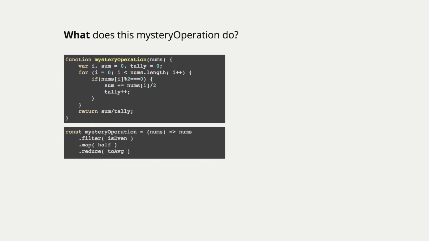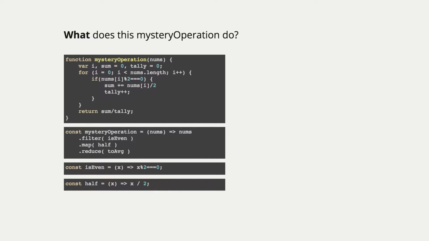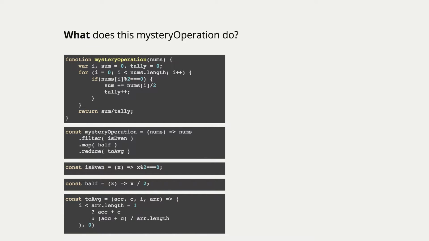We have an array of numbers. We filter it, only taking the things that are even. We map those even numbers to their halves, and then we reduce it to an average. That's what that same code looks like when you change it from the how to the what, where even is just a function, half is just a function, an average is just a function.